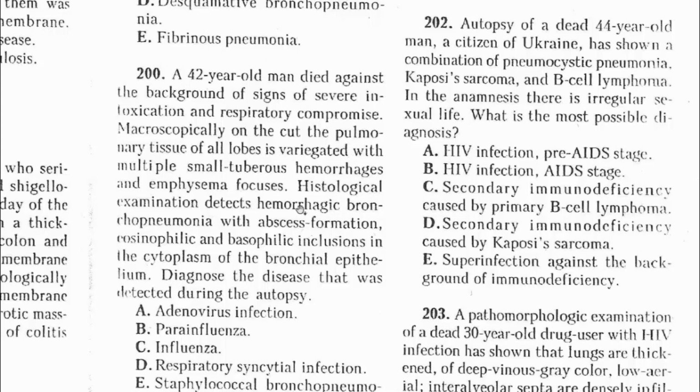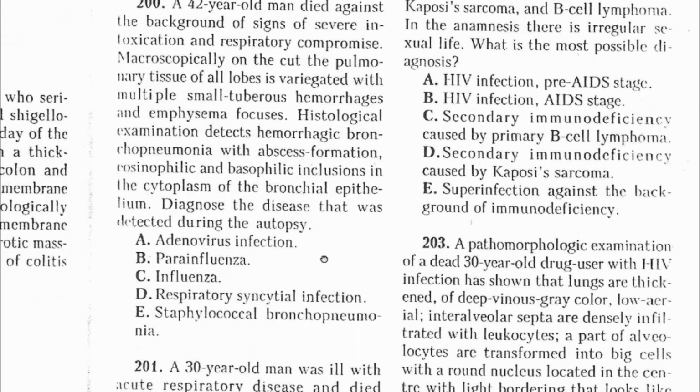The surgical examination detected hemorrhagic bronchopneumonia with abscess formation, eosinophilic and basophilic inclusions in the cytoplasm of the bronchial epithelium. Diagnose this guy. This is talking about influenza. Influenza, typically for influenza.